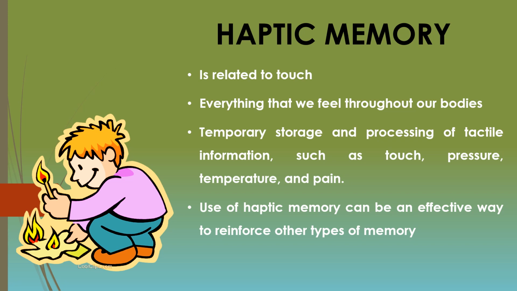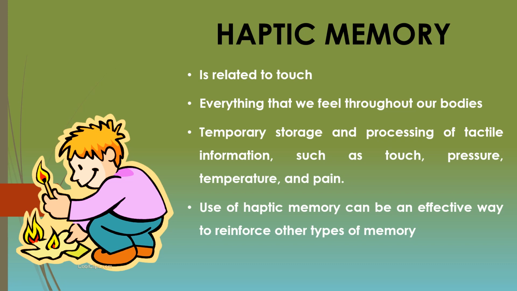It is a type of memory that is responsible for the temporary storage and processing of tactile information, such as the touch, pressure, temperature, and pain. That is the haptic memory, it plays an important role in our ability to sense and interact with the physical world.